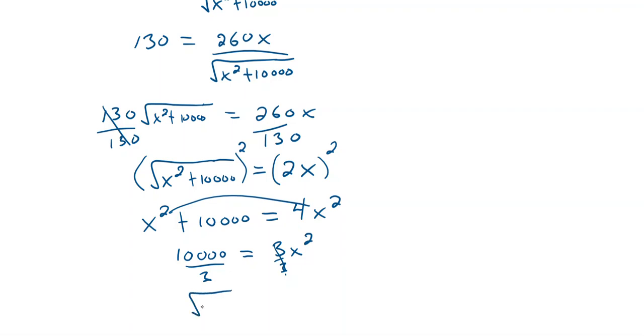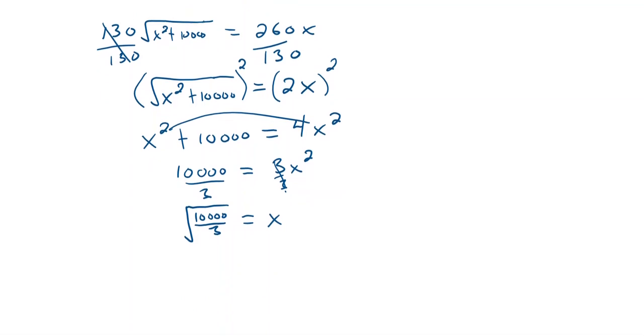So we have the square root of 10,000 over 3 is equal to x. So then x is approximately 57.7, and this was meters.